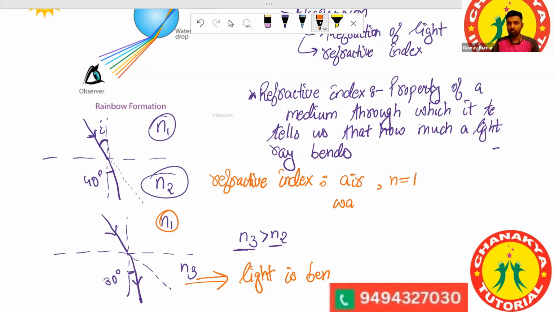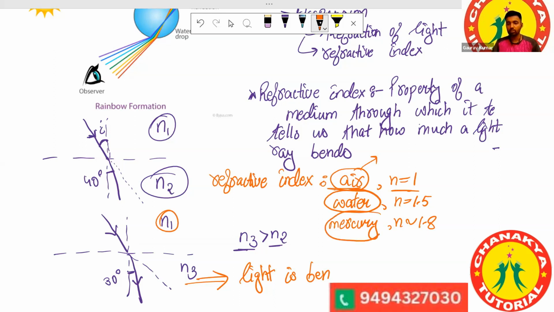Water will be around 1.5, and mercury I don't remember the exact value, but let's take it as around 1.8. Manasvi, the value of refractive index depends on the type of medium. In the first example, the medium is air, in the second example the medium is water, and in the third example the medium is mercury.